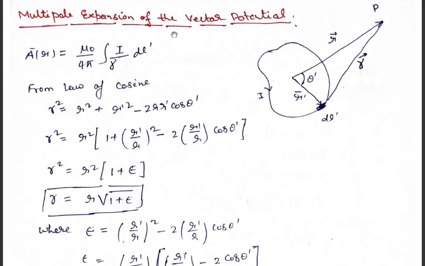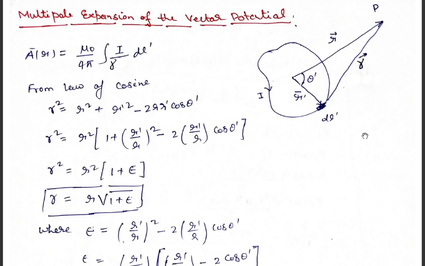Let us say we have a localized current. A current I is flowing in, let us say, a circular loop, and obviously the origin is somewhere here, and this is point P of observation.